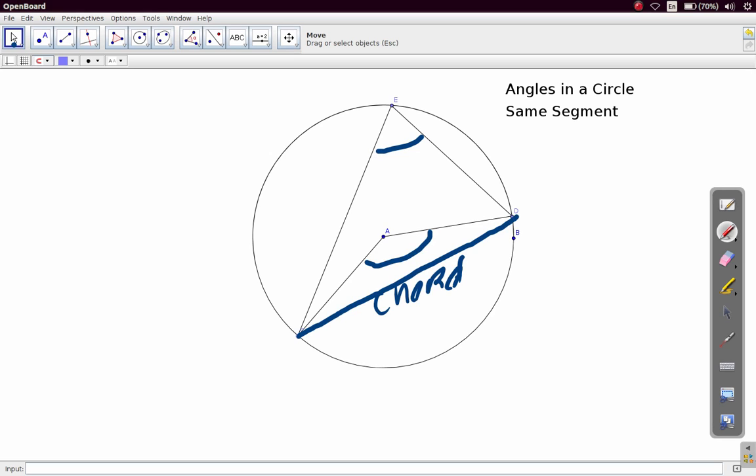If the angle at the circumference is x, then the angle at the center is 2x.